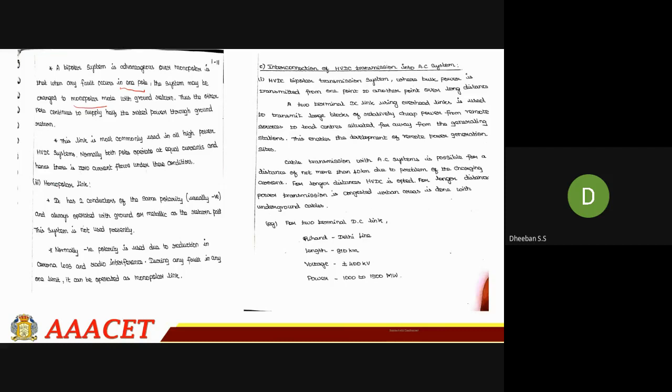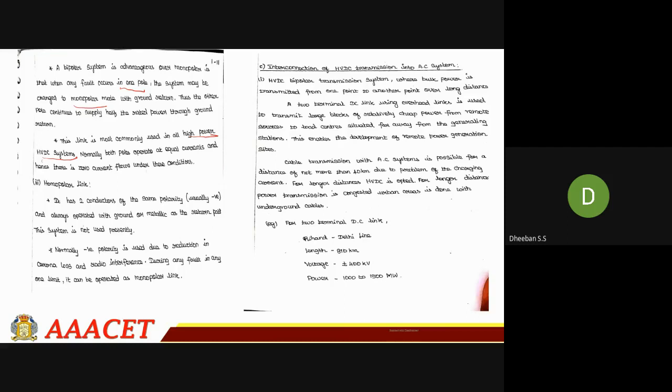This link is most commonly used in high power HVDC systems. As I said, the voltage will be doubled, so it is used in high power systems.